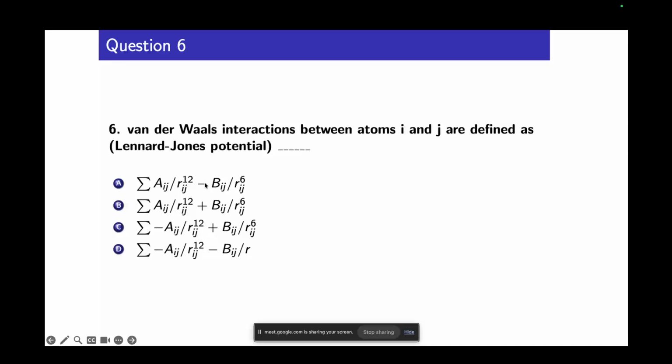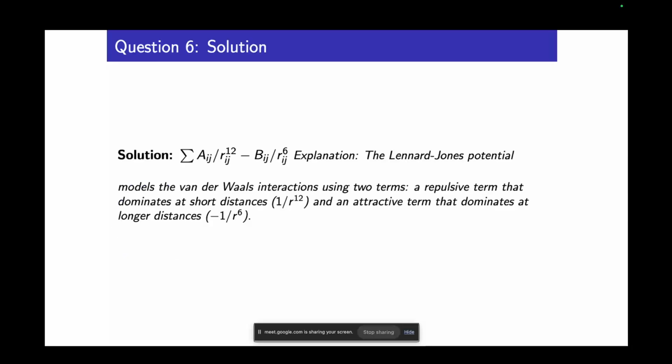Is it positive or negative? It is negative. You're correct. It is the first option. Remember the 12 and the 6, that is important because some question might come in terms of how it is proportional, not giving you the exact equation, but asking how it is proportional to the power of what. So negative 6 and negative 12, please remember that. But yeah, option A, the first option, is the correct answer.